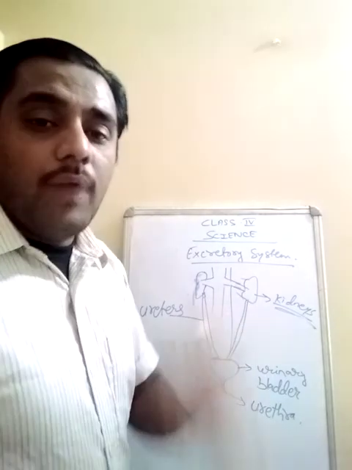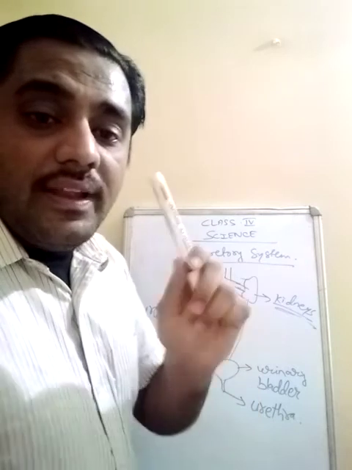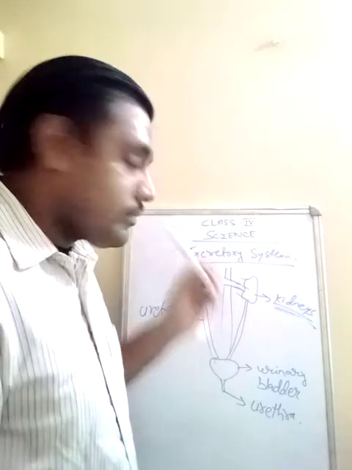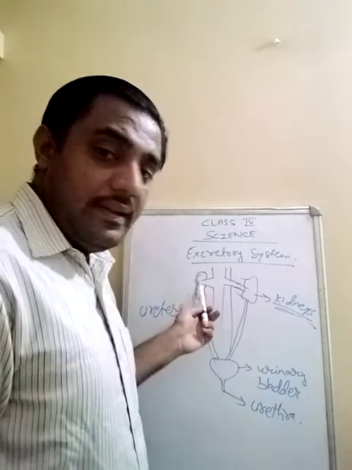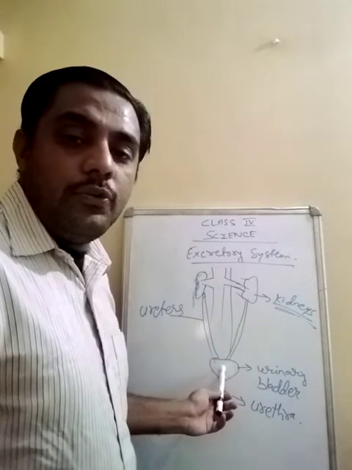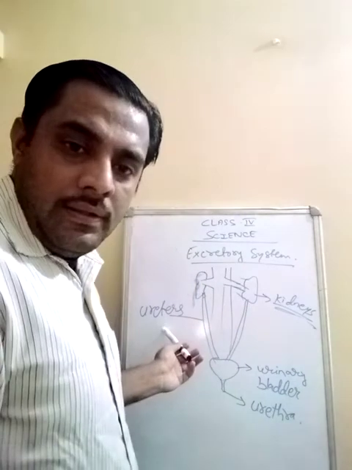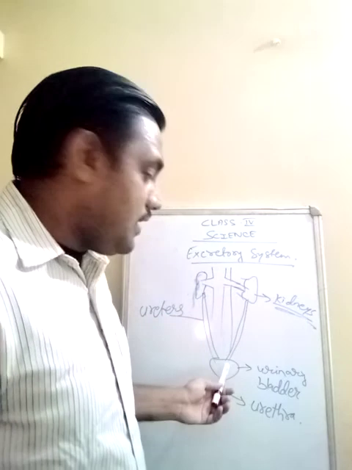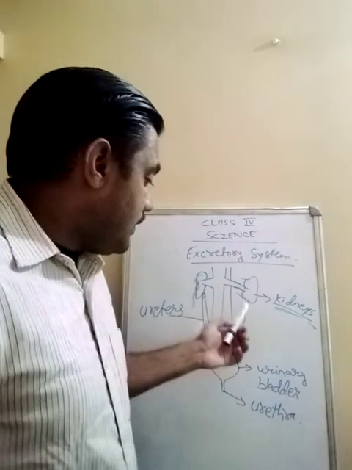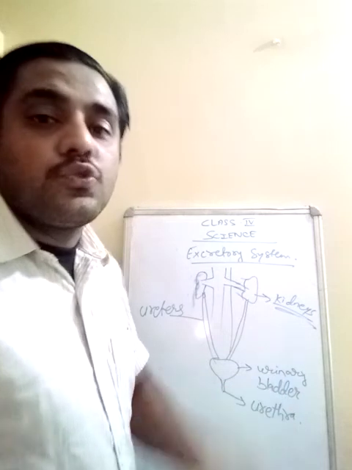Both have one purpose only, to transport the liquid waste, which has been converted to urine, from kidneys to the urinary bladder through the pipes known as ureters. Once it has reached the urinary bladder, the urinary bladder stores it.